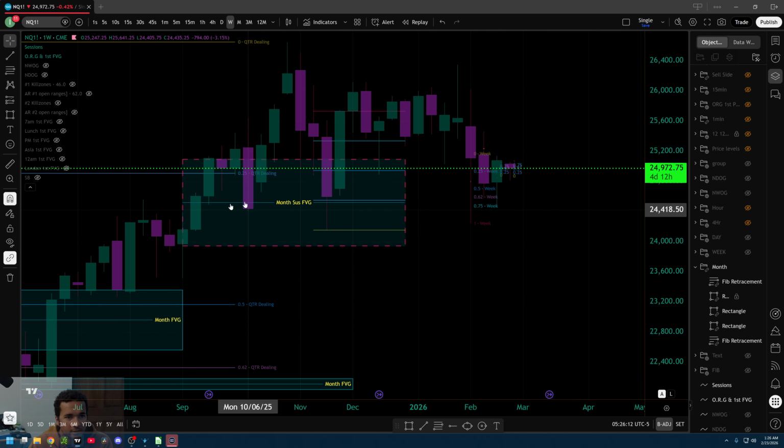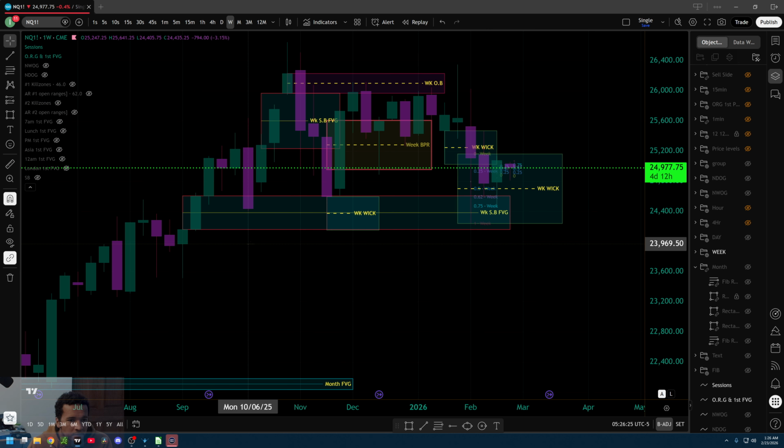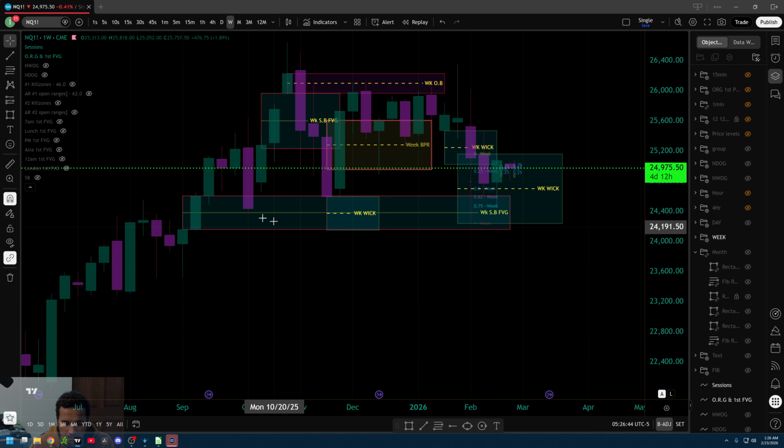Quick look at the monthly PD arrays on the weekly chart. Pull off the monthly drawings, put on the weeklies. There's a suspension block down here which overlaps with this wick.